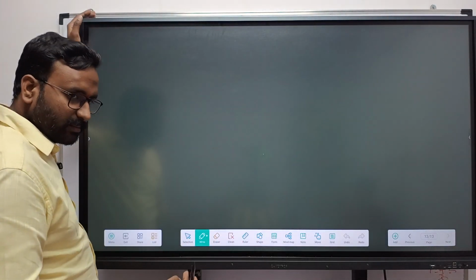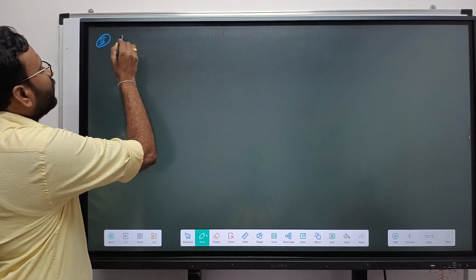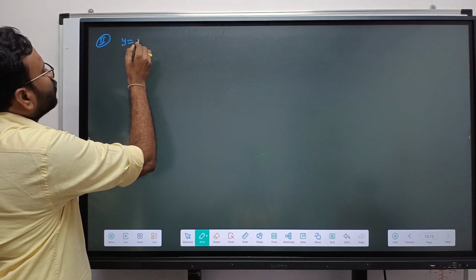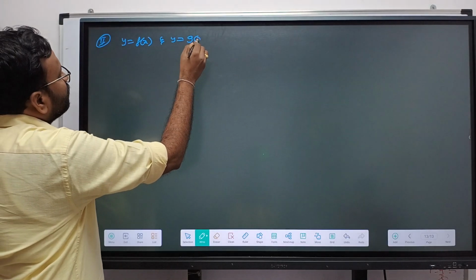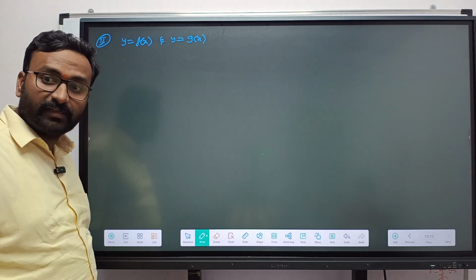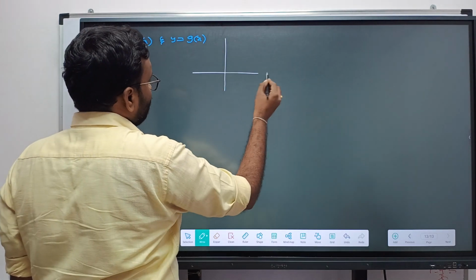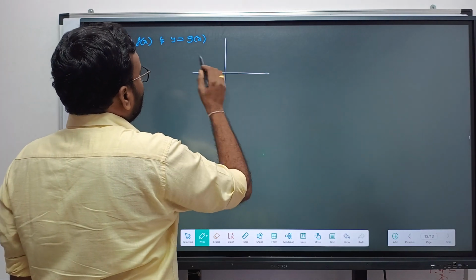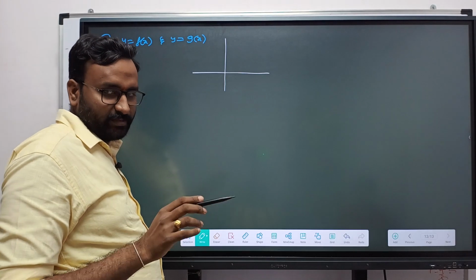Now part 2. If y equal to f of x and y equal to g of x are two curves which are intersecting, how can you find the area between them? It may be a line or a curve, or both may be curves.